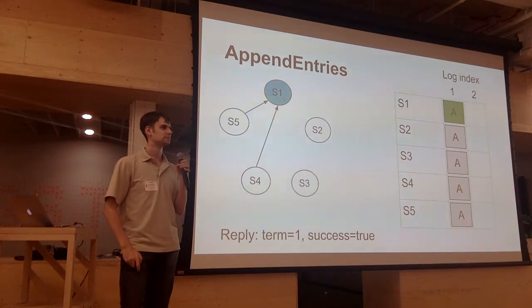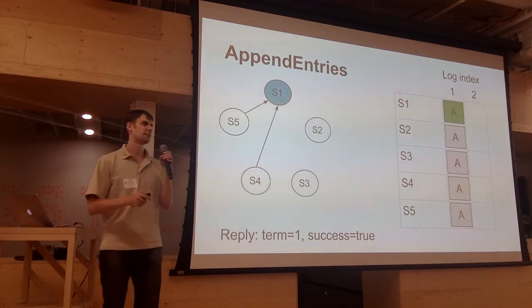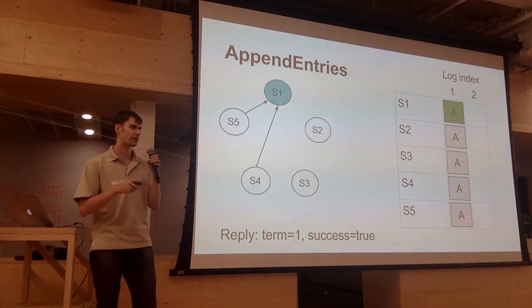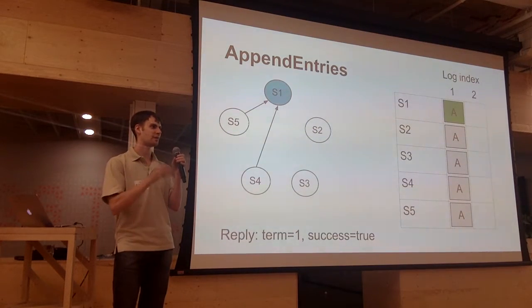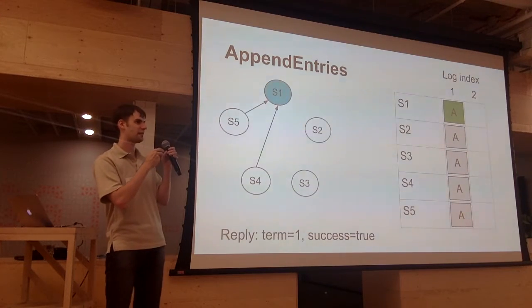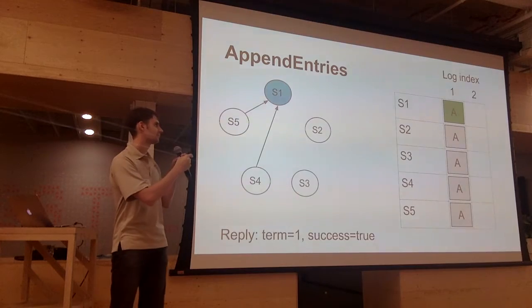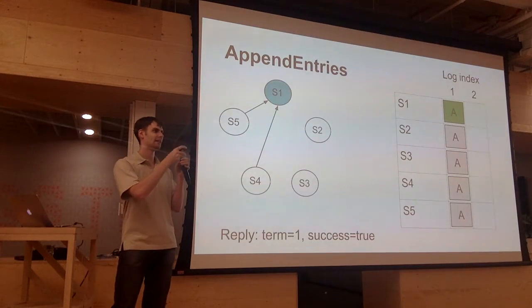Once you reach quorum, why keep track that S4 and S5 got it? So the question is, why keep track of the fact that server 4 and 5 got it? What you keep track of is the index that your followers have matched you up to, because next time you go to send a message, it can be helpful to know that they have it.